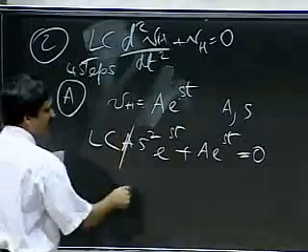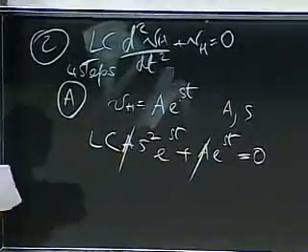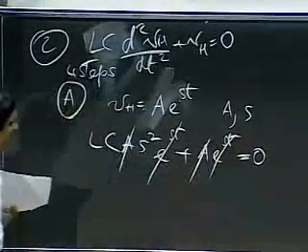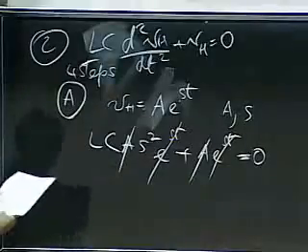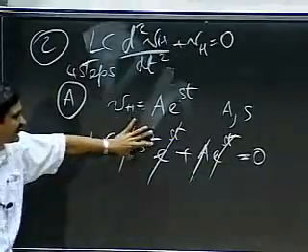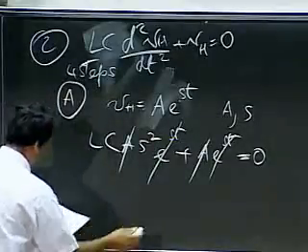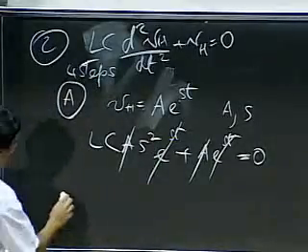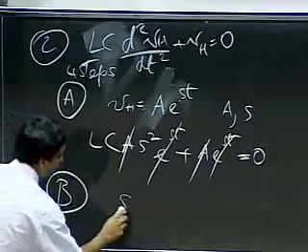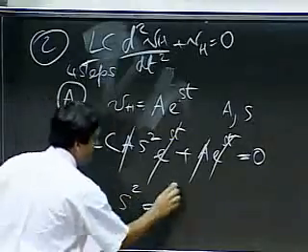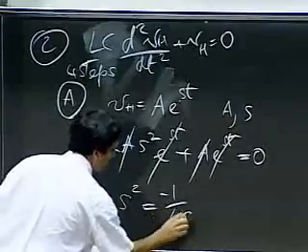Assuming I don't take the trivial case A equals 0, I cancel these out. What I'm left with is simply LC S squared plus 1 equals 0. In other words, S squared is equal to minus 1 divided by LC.